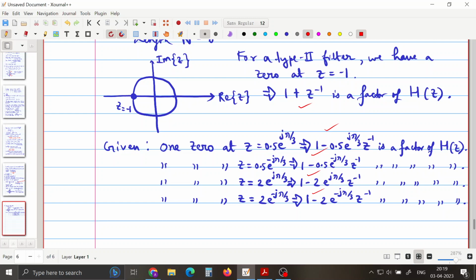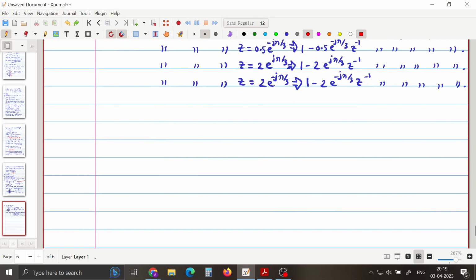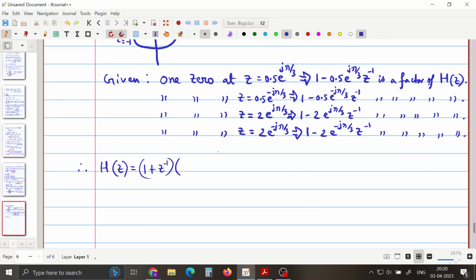Therefore we can write H of z as the product of these factors. The first factor was 1 plus z inverse. The second factor is 1 minus 0.5 e power j pi by 3 z inverse.